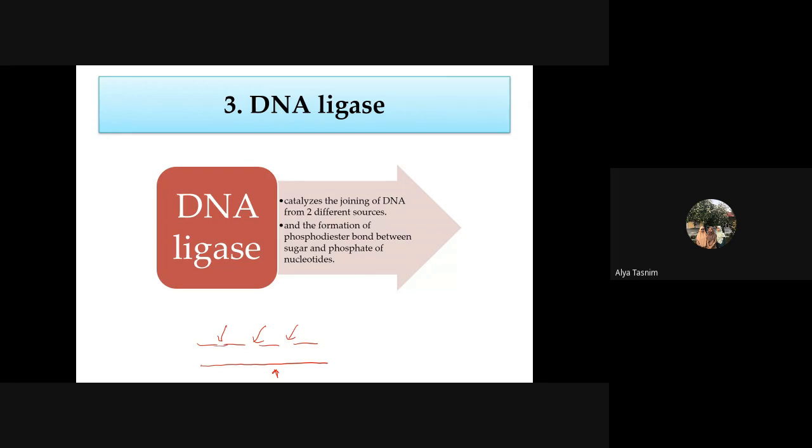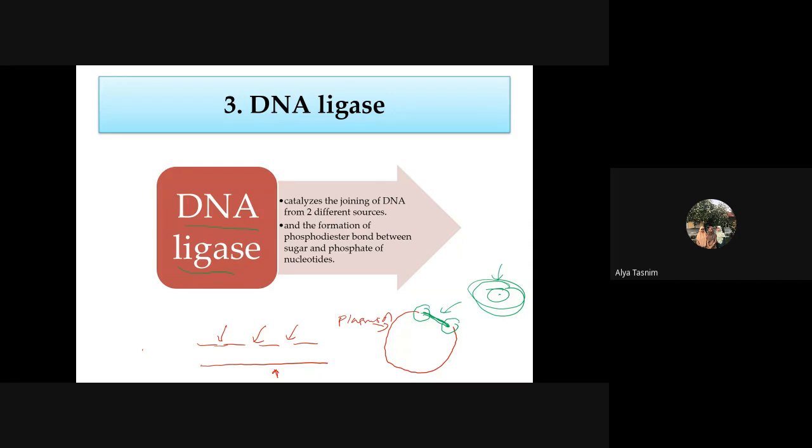In this case, you want to use DNA ligase so that you can join the plasmid DNA, the plasmid of bacteria, with the gene of interest. This is the gene of interest that you extract from a certain organism's cells, and then you insert it into the plasmid. So here you have to join together the gene of interest with the plasmid, so you have to use DNA ligase.